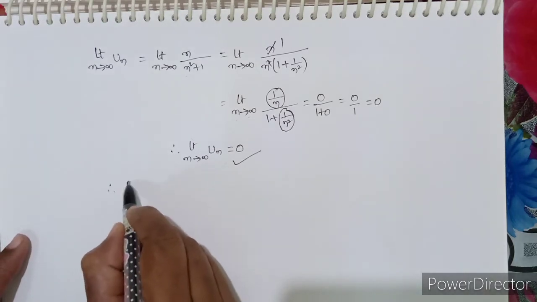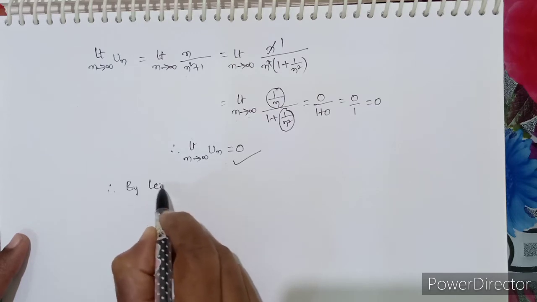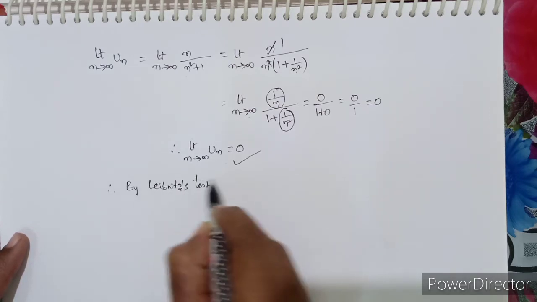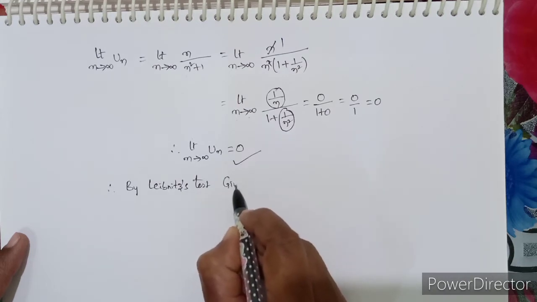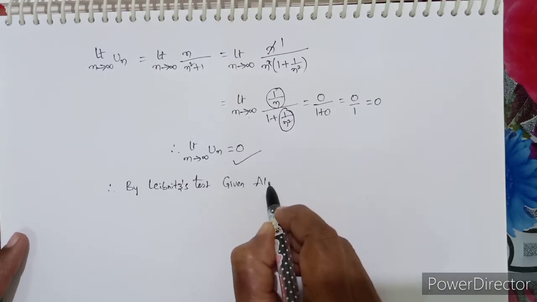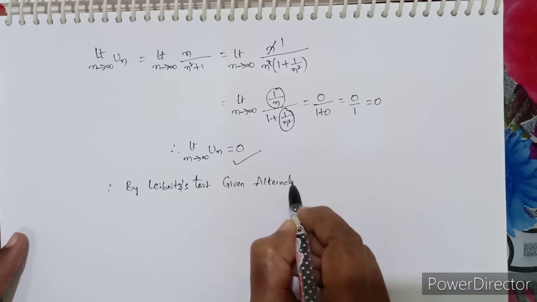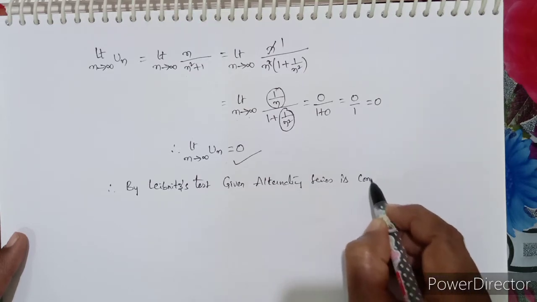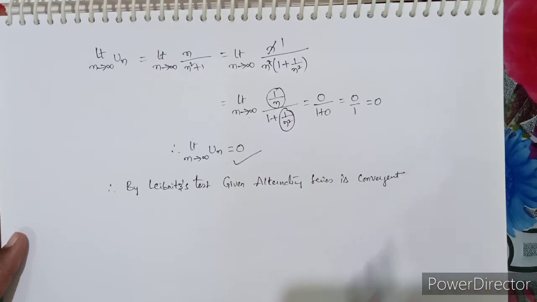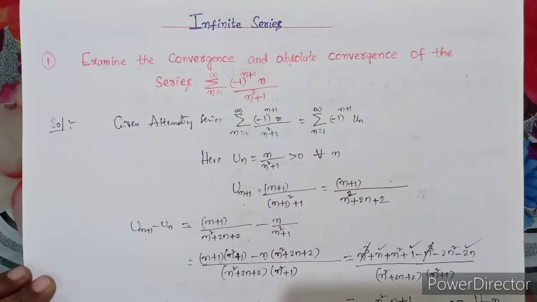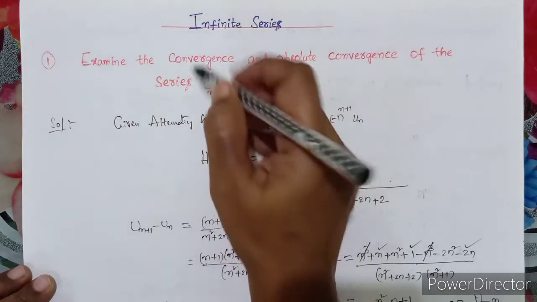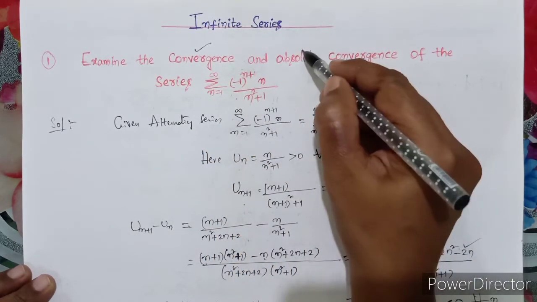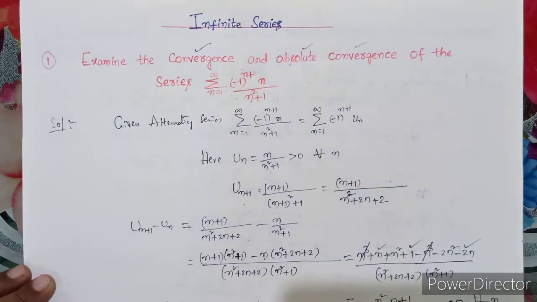Therefore, by the Leibniz test, the given alternating series is convergent. Therefore, the given series is convergent. Now we test whether this series is absolutely convergent or not.